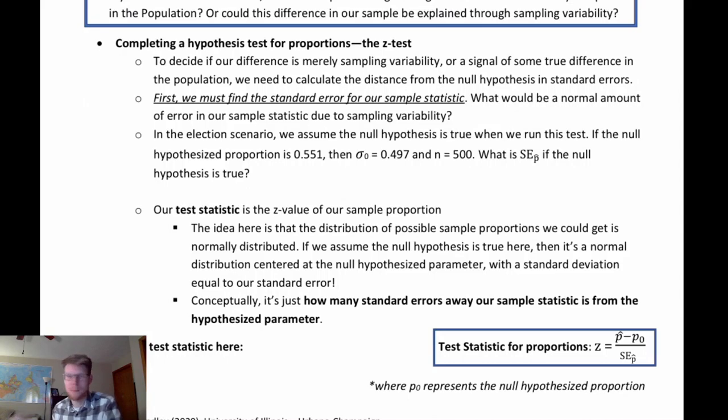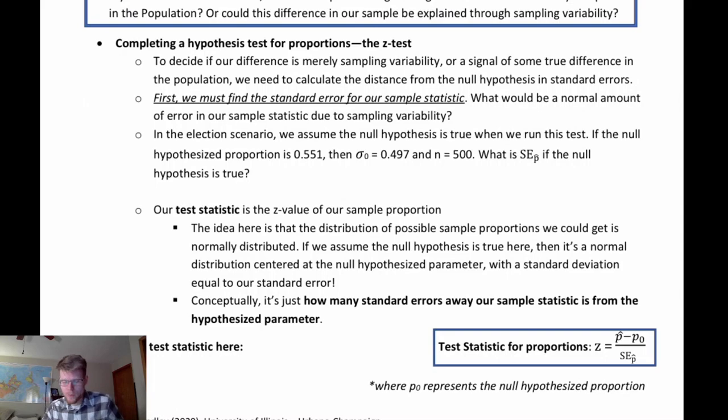But is that just sampling variability? Is that just because we asked 500 people and we're going to get a little bit of variability around that 55.1%? Or is this difference indicative of a true movement in the population, that the governor is more popular than before?